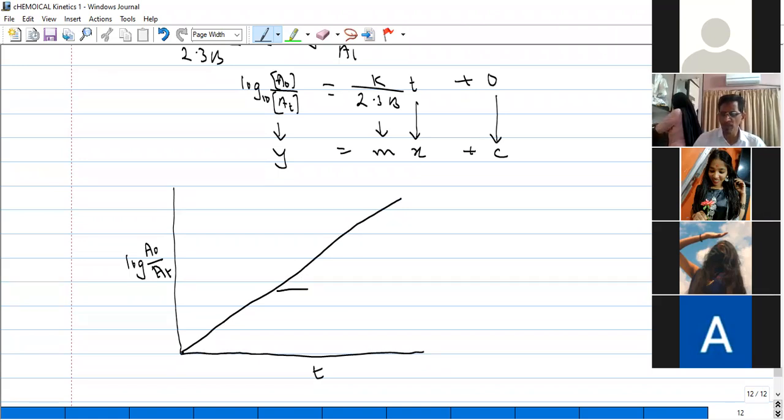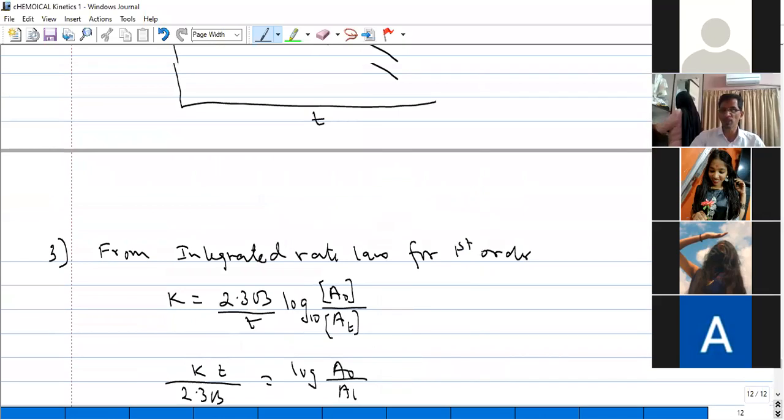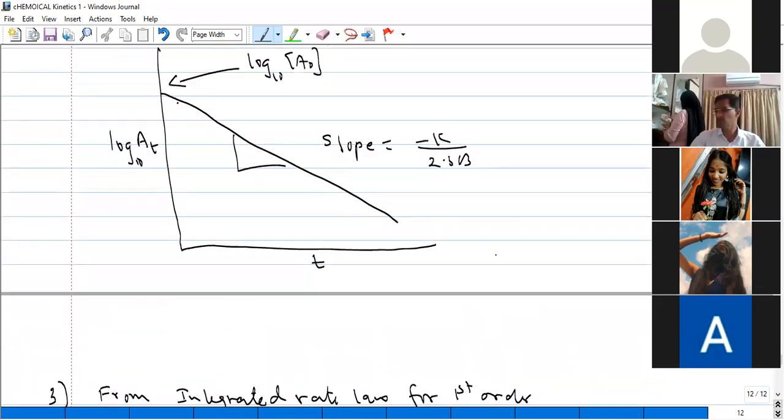The slope of this line will be equal to k upon 2.303. So this was the first order reaction.